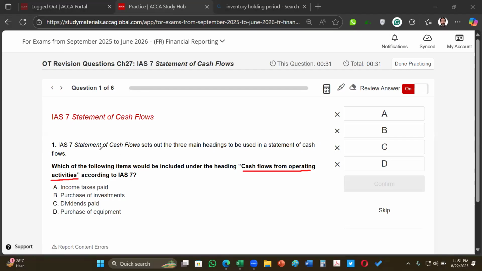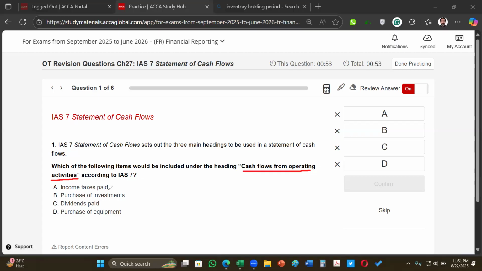The IAS 7 statement of cash flows sets out three main headings. Can you figure out which one is related to operating activities? Is it the interest, the income taxes paid, purchase of investments, dividends paid, purchase of equipment?